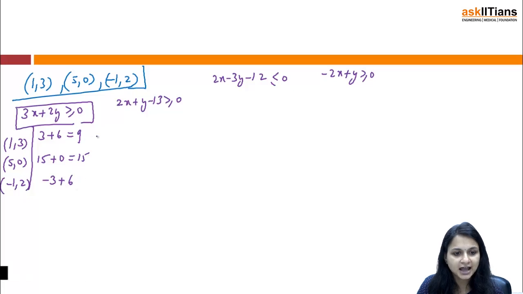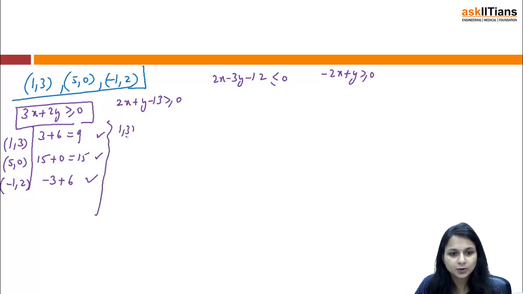Again you can see that 9 is positive, 15 is positive and this was also positive. That means all these vertices satisfy this inequation, so all the points inside the triangle will also satisfy it. Let's take the second case.